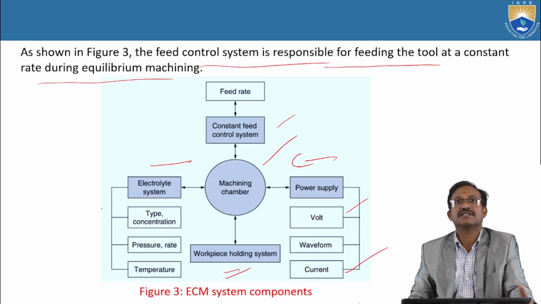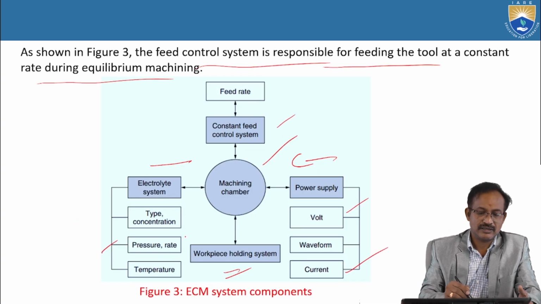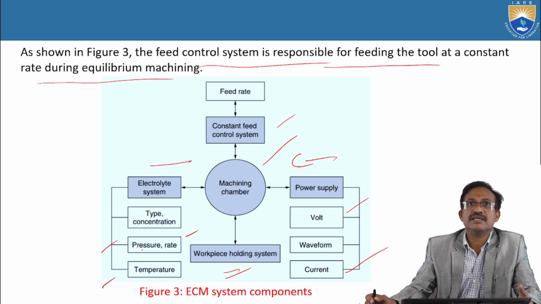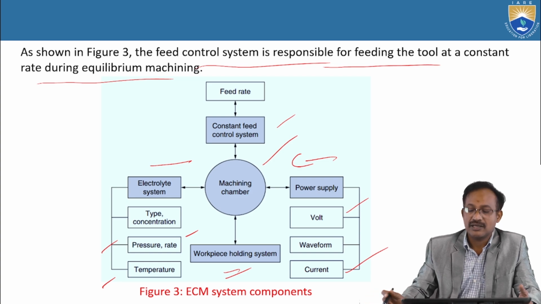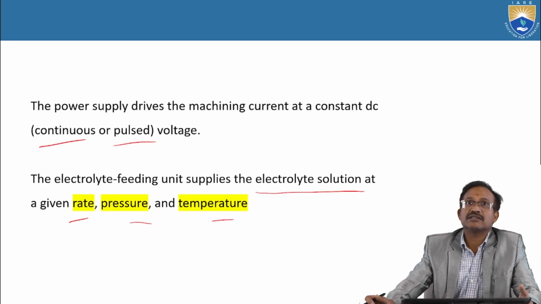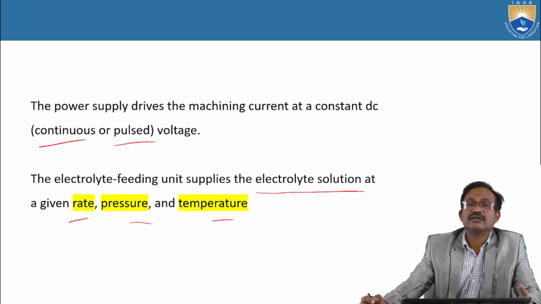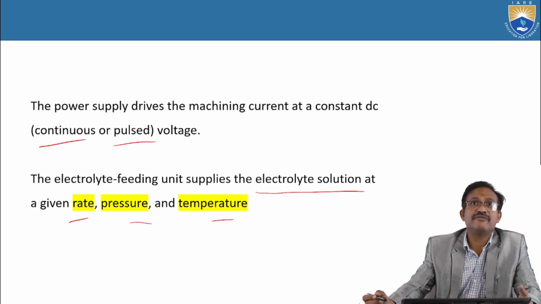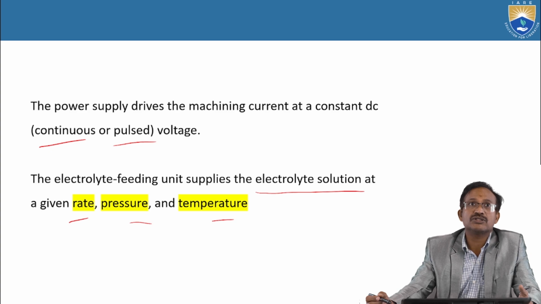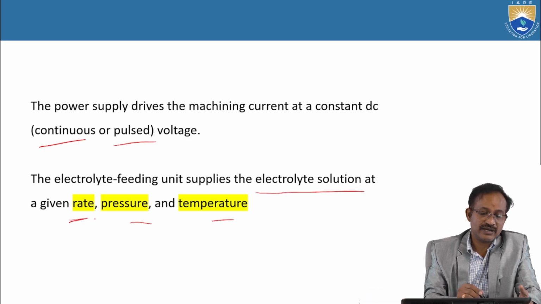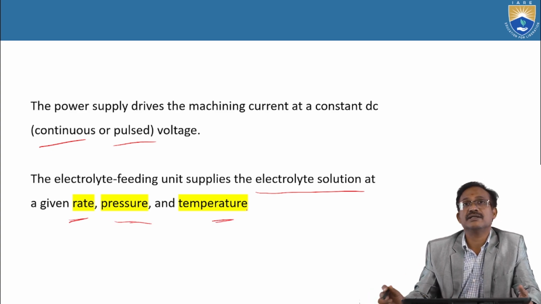That's what we have discussed here: pressure, rate, temperature. So here the electrolyte has to be fed or supplied with the appropriate requirement. The electrolyte feeding unit supplies the electrolyte solution at a given rate, pressure and temperature.